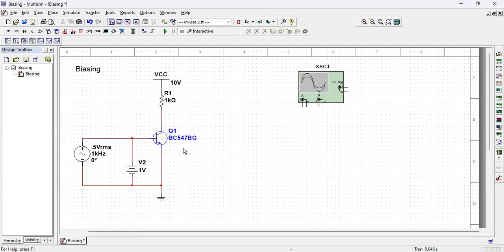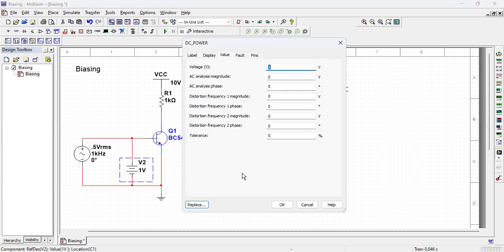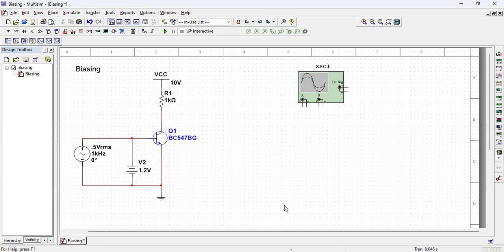So the bias should be enough to cross over that barrier also. So I adjust these voltages. This voltage I make 1.2 volt, and don't ask me now how to decide 1.2, because I have some experience of transistor amplifier designing. When you also learn designing, you will automatically guess what the value should be.